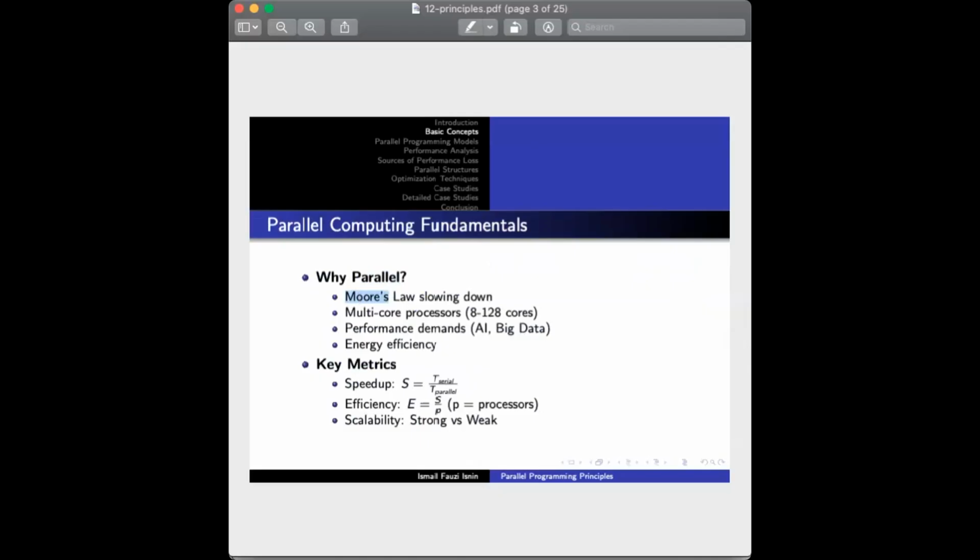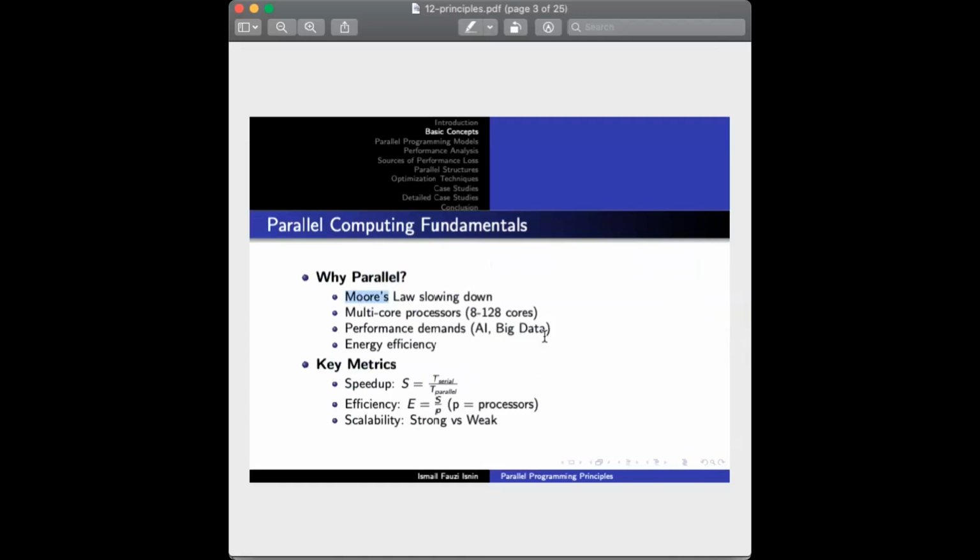To meet the intensive processing demand of AI and big data analytics right now, there's an emerging trend. Developers must write software that spreads workloads across all these cores.